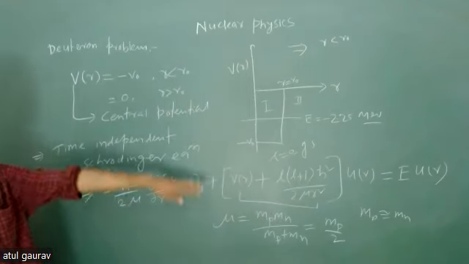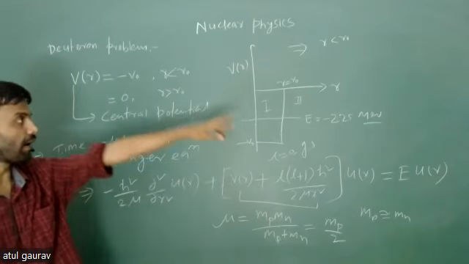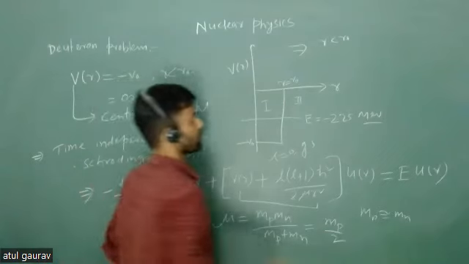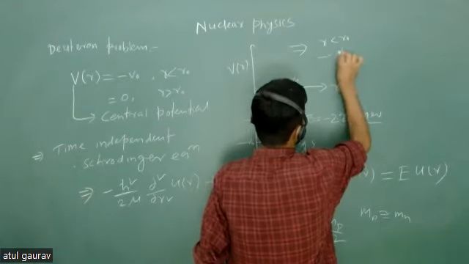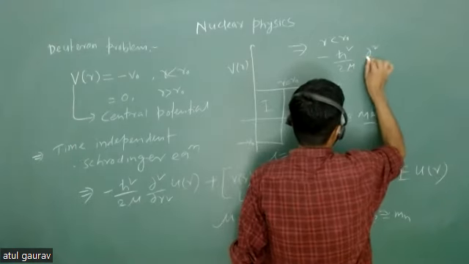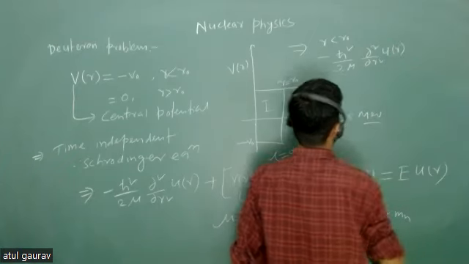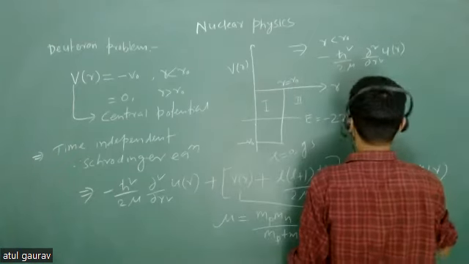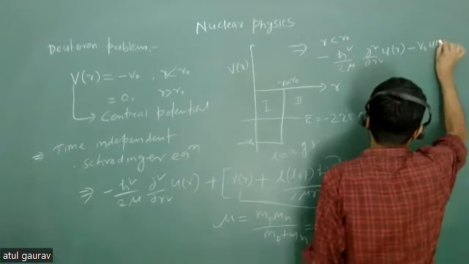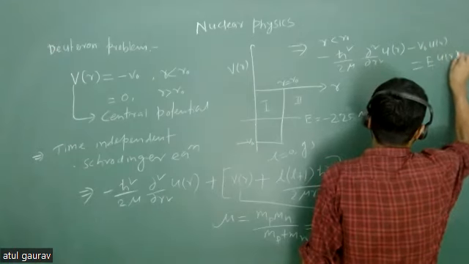Okay. So now we will substitute l equals 0 for the ground state, and write the Schrodinger equation for region 1, or r less than r naught. It will be simply minus h cross square divided by 2 mu, del square by del r square u of r, minus V naught u of r equals E u of r.